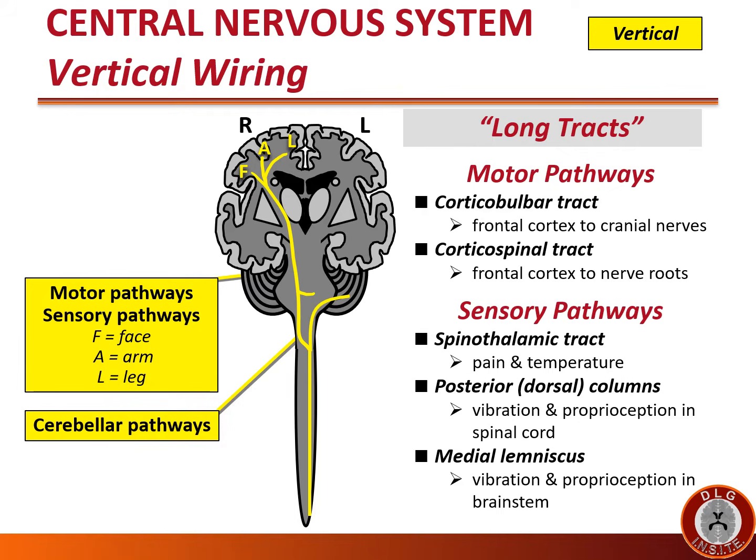The sensory pathways coming from the limbs and body up to the brain include the spinothalamic tract, which carries pain and temperature sensation, the posterior dorsal columns, which carry vibration and proprioception in the spinal cord, and then continue on up the medial lemniscus, which carries vibration and proprioception in the brainstem.